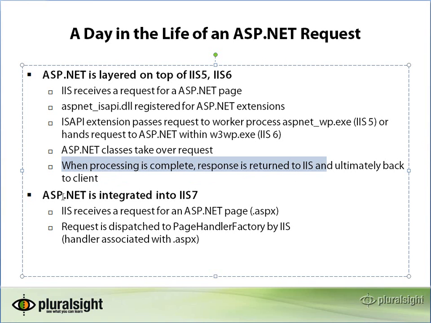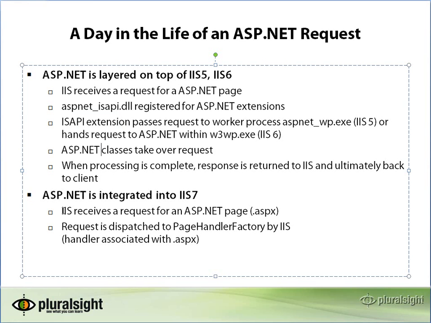In IIS 7, things get a little bit different, because there's no longer any need to have this ISAPI extension registered, because ASP.NET is a first-class entity in IIS. That is, its handlers and modules are recognized as valid objects that can be dispatched to directly by IIS. So you don't have to go through that unmanaged ISAPI interface that we've had to go through prior to IIS 7.